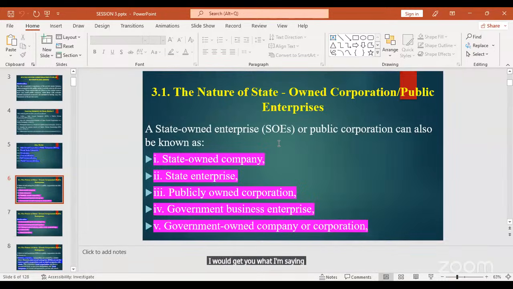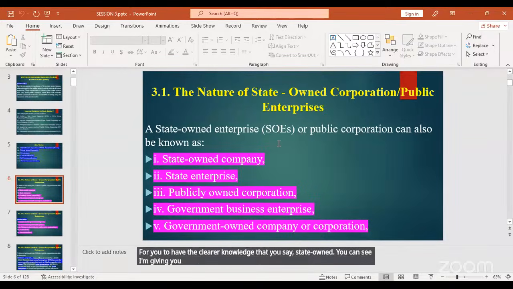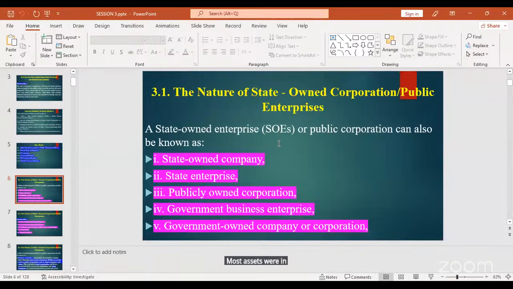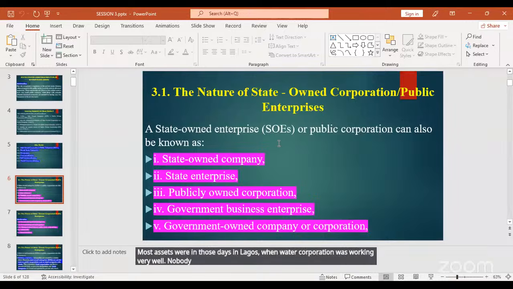For you to have clearer knowledge of what we mean when we say state-owned, I'm giving you practical examples. I'm giving you the example of hospital, of road, of school, and the list can go on like that. Most assets were, in those days in Lagos State when the water corporation was working very well, nobody asked you to pay for the water you are using.